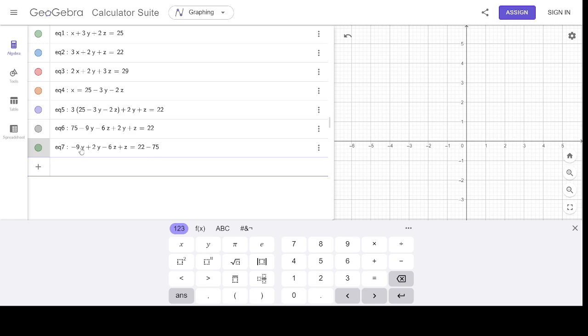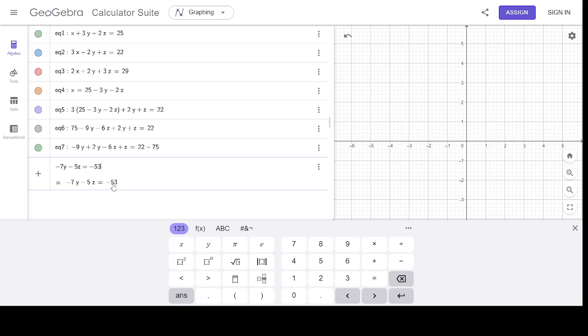Minus 9y plus 2y is minus 7y, then minus 6z plus z is minus 5z. That is equal to 22 minus 75, which is minus 53.